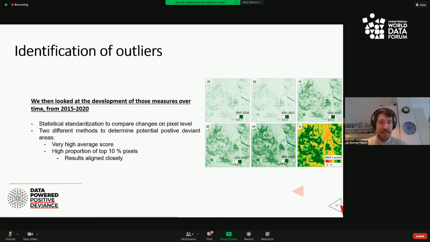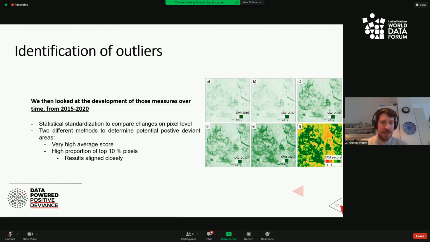Then we looked at each pixel and assessed how it performed over those 5 years. Of course, we didn't do this ourselves, but rather used raster mathematics and statistics to do so. And in the end, we had a Z-score, and a very high positive Z-score told us that the vegetation in the pixel was increasing, and a high negative Z-score told us the vegetation in the pixel was decreasing, always keeping in mind the relative performance within the group.